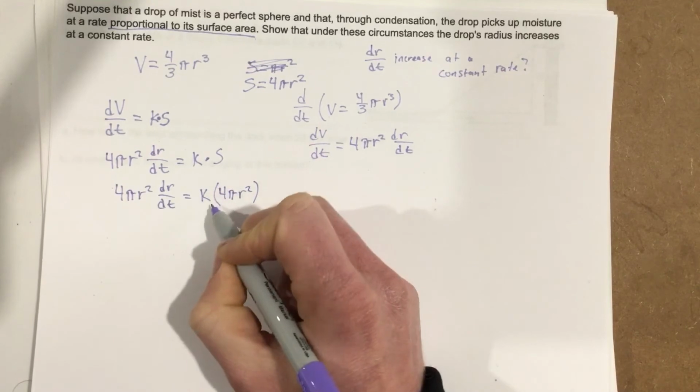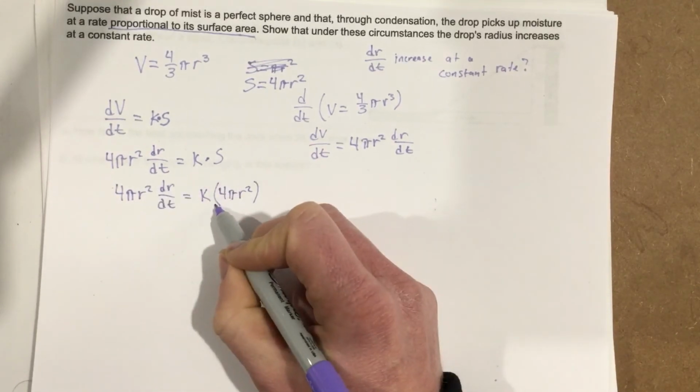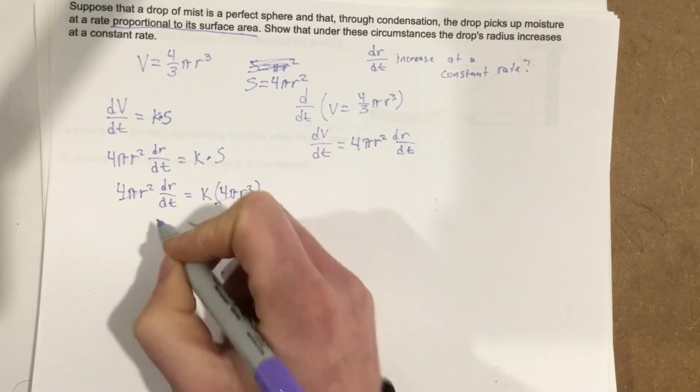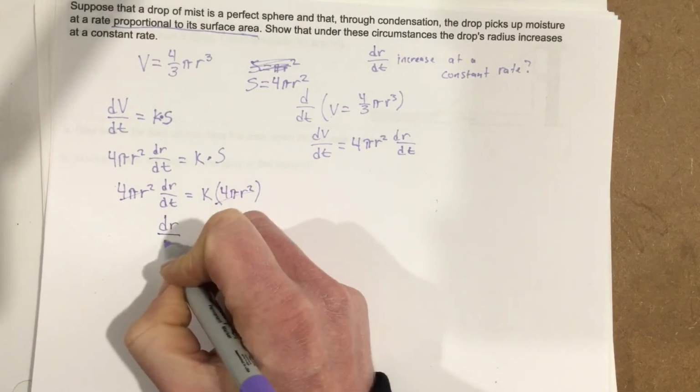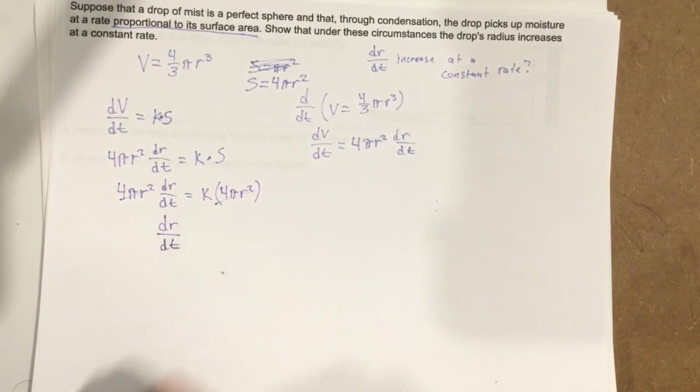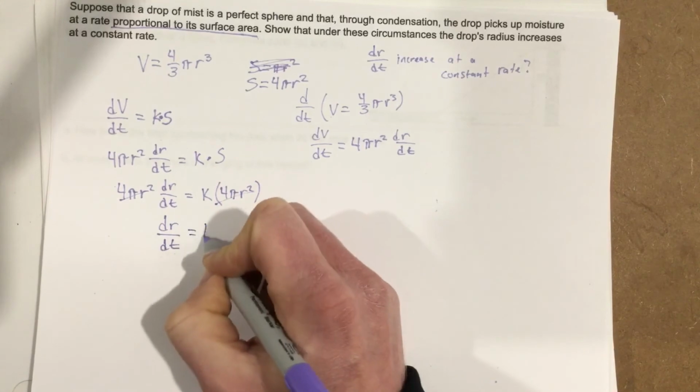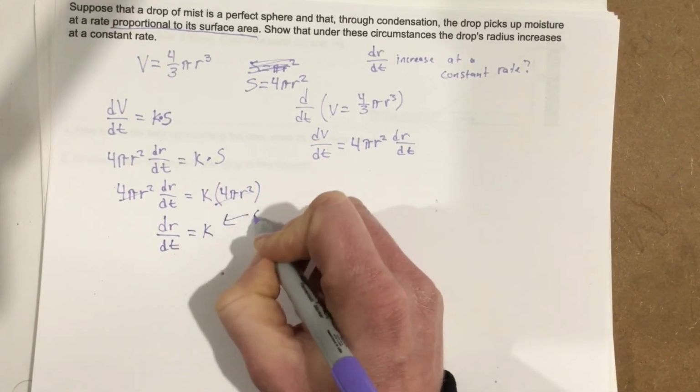But now I have 4 pi r squared on each side, so I can just divide across, and it'll cancel, and I get the rate of change for the radius equaling this constant K. That's a constant.